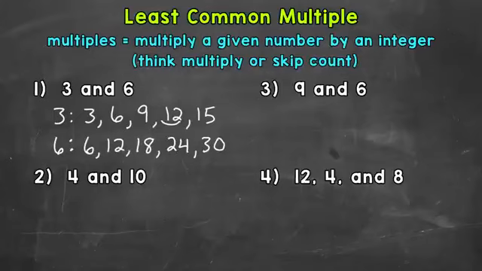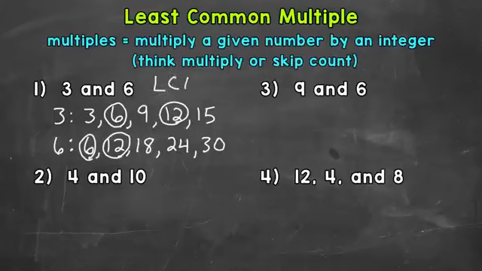So we have 12 in common, and we also have 6 in common. But we want the least. So 6 is going to be the least common multiple between 3 and 6. So I'll put LCM, which stands for least common multiple, equals 6.